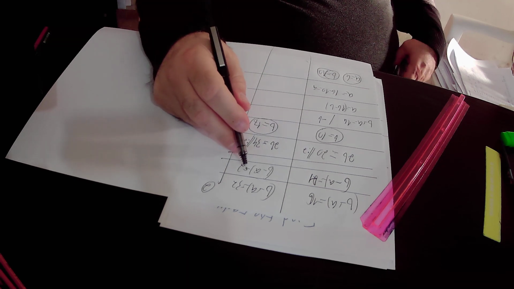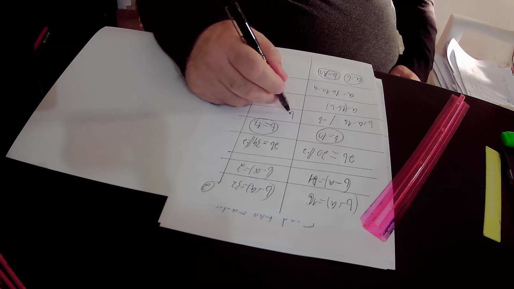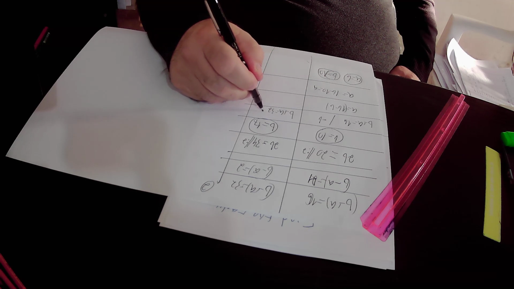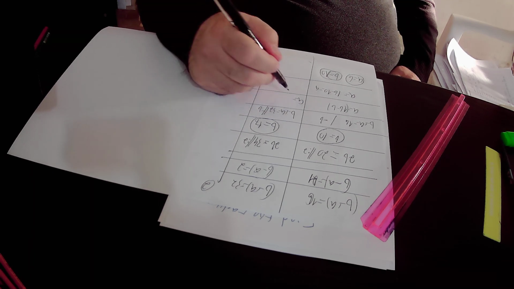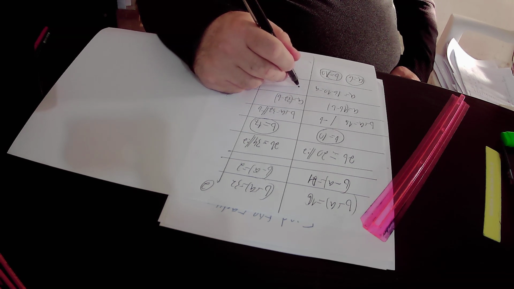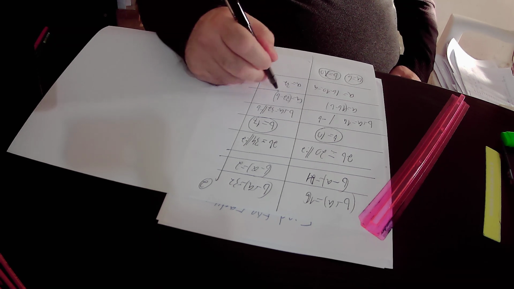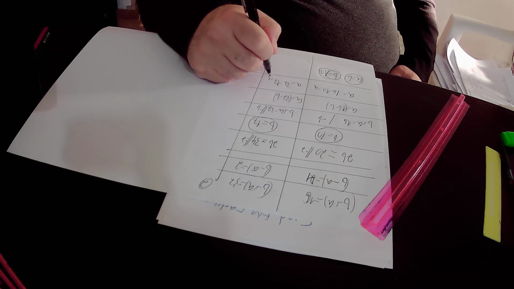And according to the first equation, b plus a is 32. So we subtract b from this equation, and we get that a equals 32 minus b. So a equals 32 minus 17, and 32 minus 17 is 15.